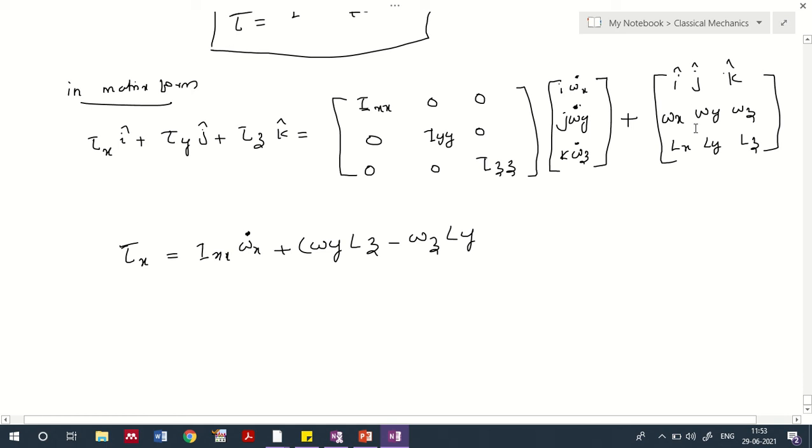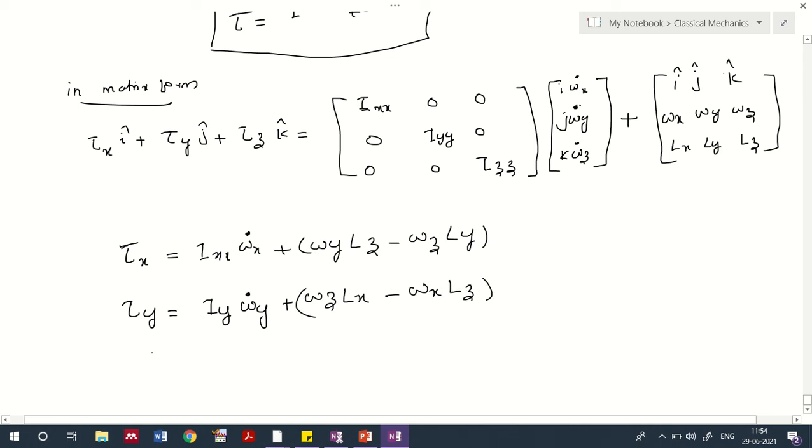So you'll be getting terms like omega y Lz minus omega z Ly when comparing, and tau y will be equal to Iy omega y dot plus omega z Lx minus omega x Lz.